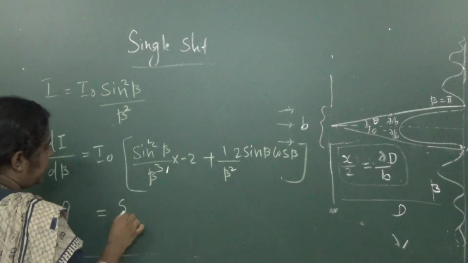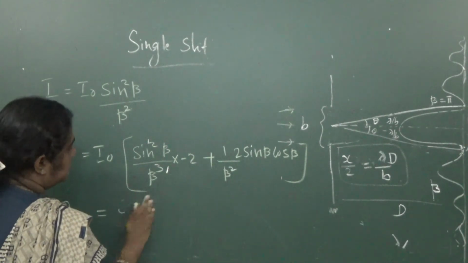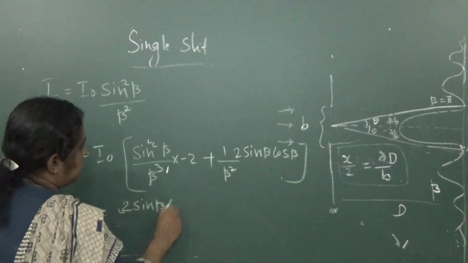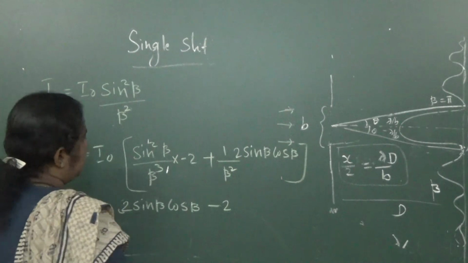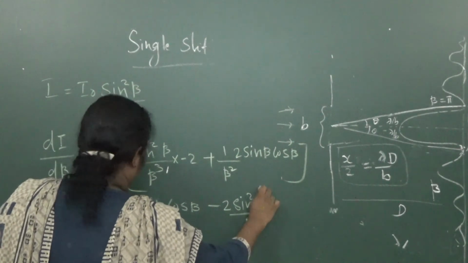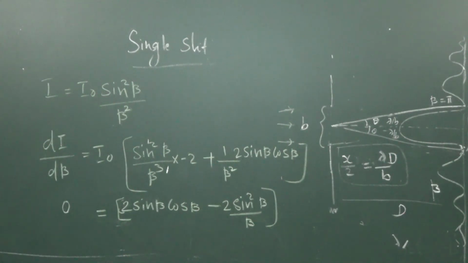That means finally you have 2 sin beta cos beta minus 2 sin square beta by beta equal to 0. 2 sin beta cos beta minus 2 sin square beta by beta equal to 0.